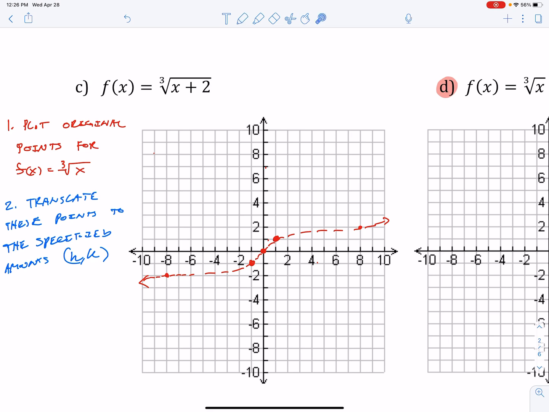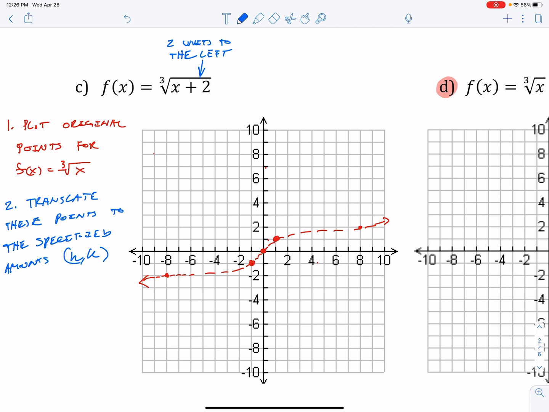So I'm zooming in on this +2 right here, and I want to switch it. This is my h. And what this is saying is really 2 units to the left. So if I just move every point on here 2 units to the left, then I'm done. I don't have to do that crazy t-table, choose values and plug them in.